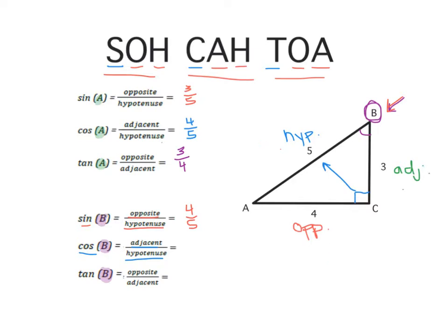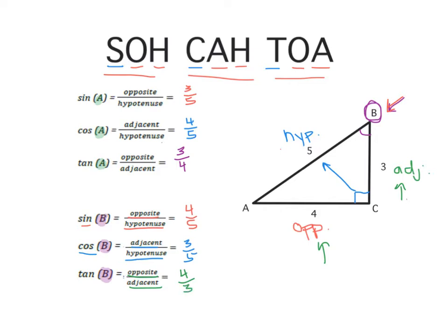Cosine being adjacent over hypotenuse, that's 3 over 5. Okay, and then that gets us into our final one, which is tangent, TOA, which is opposite over adjacent. So opposite over adjacent, 4 over 3.